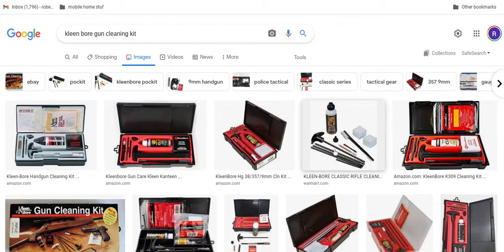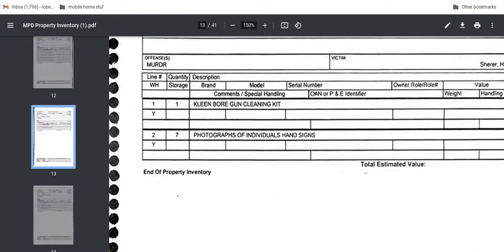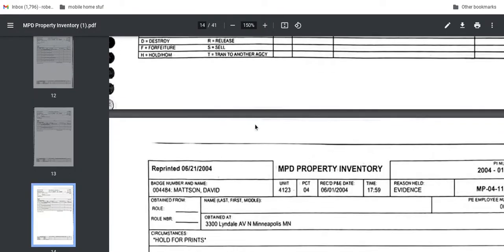You got to push that down the bore to get it clean. The handguns, the bore is a lot smaller. Okay, so it's a gun cleaning kit. I'm not sure which one it is, because it doesn't say. But there's a gun cleaning kit to clean firearms.